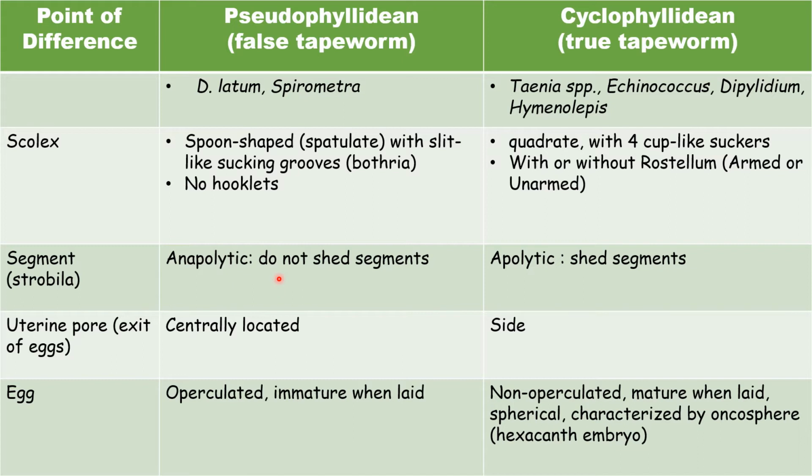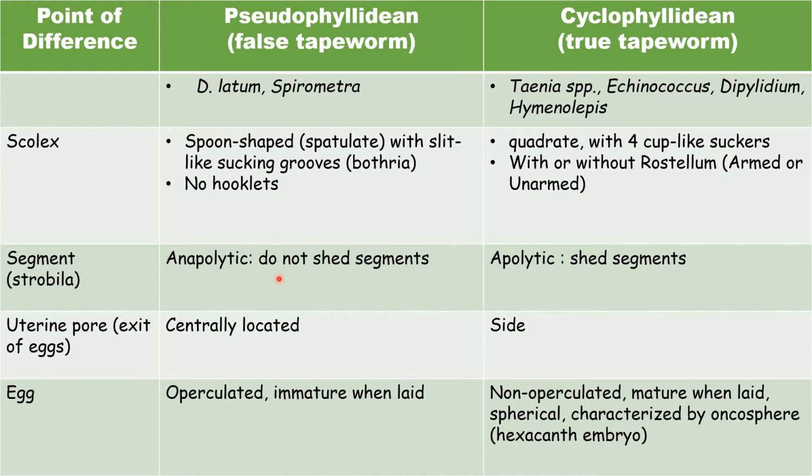And also, for the segment or the strobila, we have what we call anapolytic. When we say anapolytic, those segments or proglottids are not able to be detached from the strobila. That is what we call anapolytic. While apolytic is capable of shedding its proglottids.